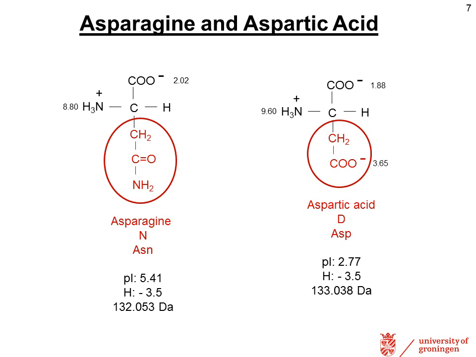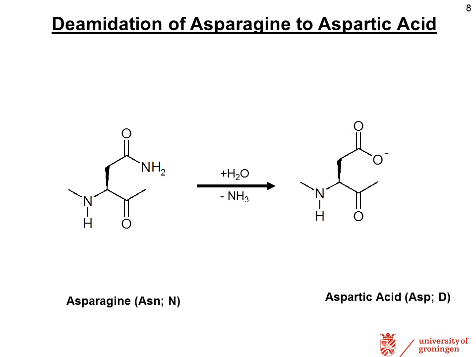You can also see that the mass of aspartic acid is about 1 Dalton more than that of asparagine, since NH3 is removed and replaced by a water molecule. This is shown here in this reaction scheme. See again asparagine on the left side with the amide group.